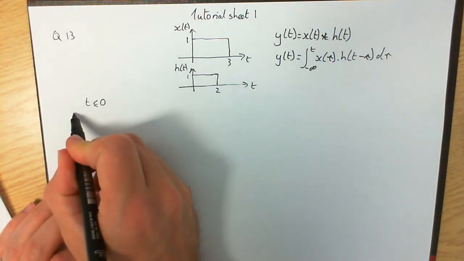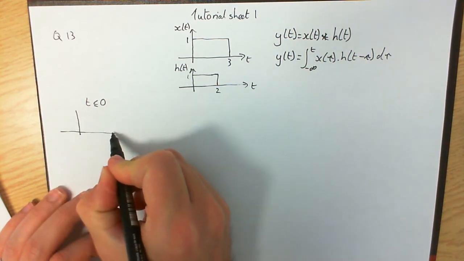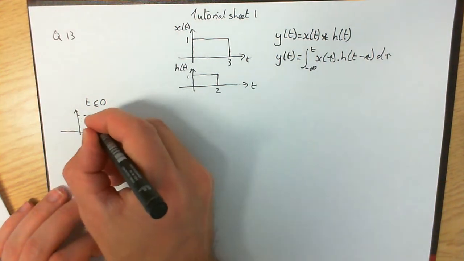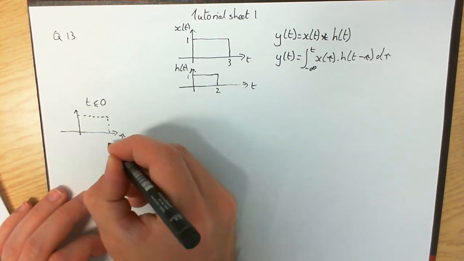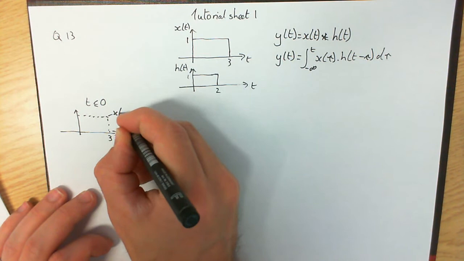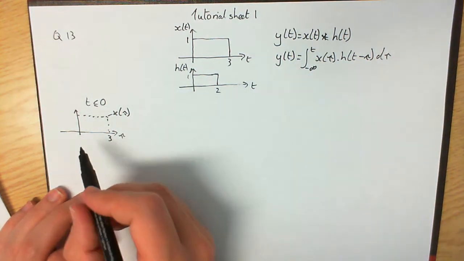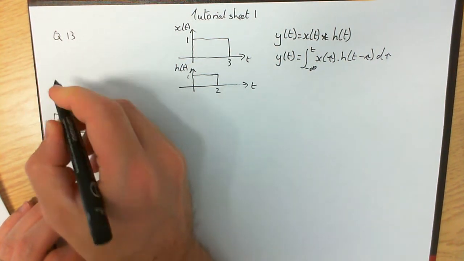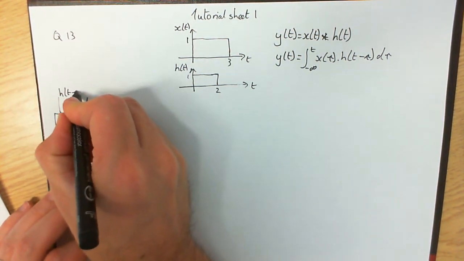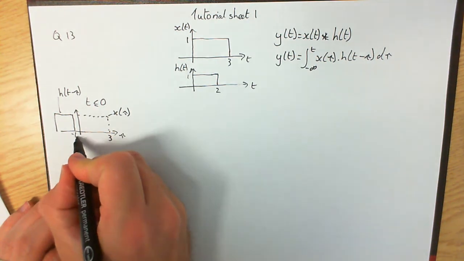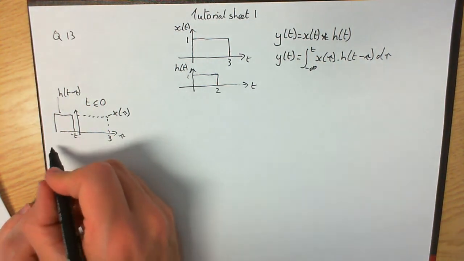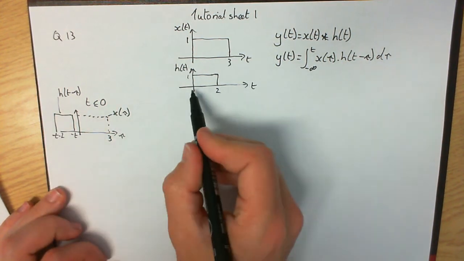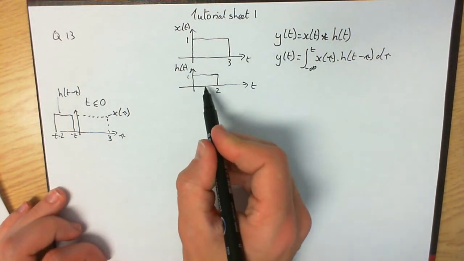Now, if I draw a graph of this, remember, our dummy variable is now tau. So this is x of tau, and this is h of t minus tau. Because we've shifted it to a negative number, we've got minus t here and minus t minus 2, because its width is still 2.